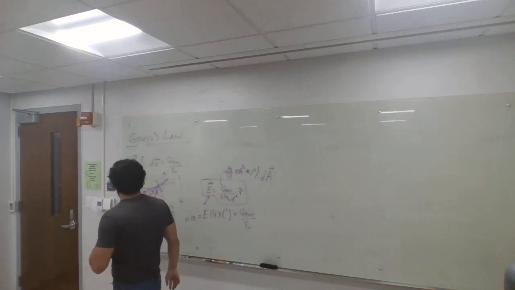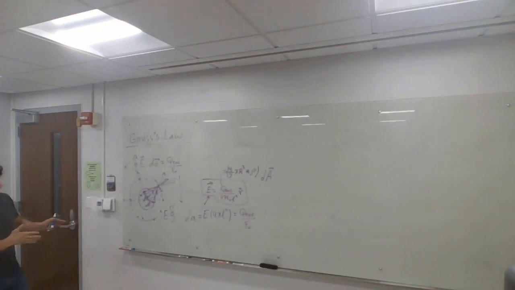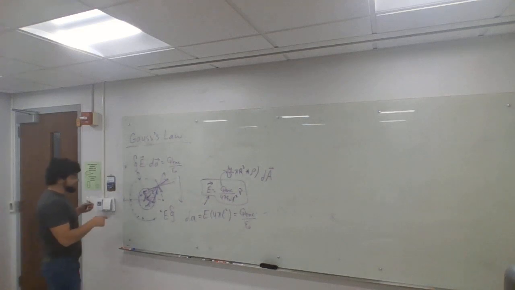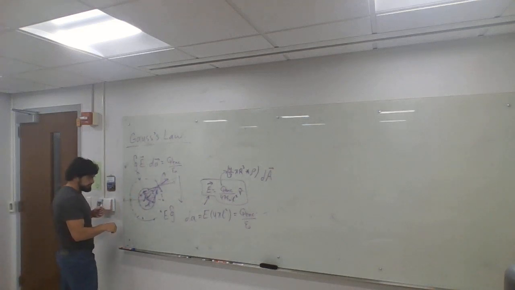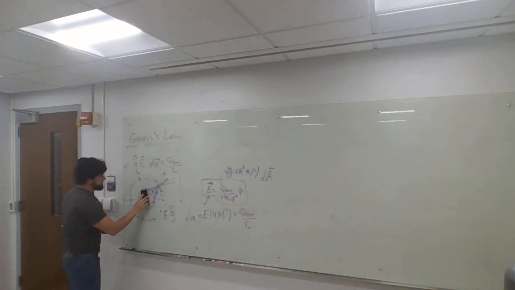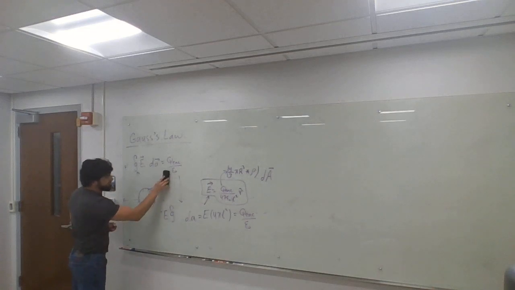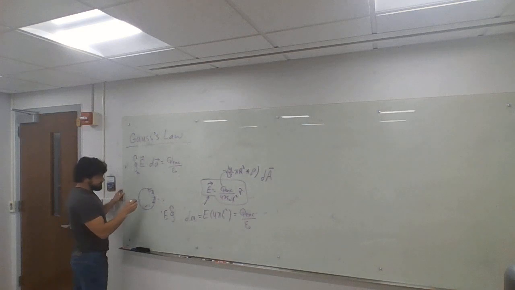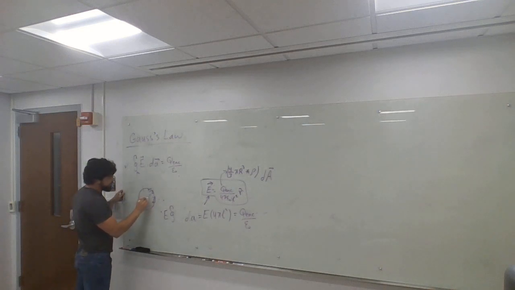That's an example. The same problem, I can also find the electric field inside the solid sphere. Let me have the solid sphere again, but I want to find the electric field inside instead. So inside it, let's say a distance r small, and it has rho, and the radius is R capital.